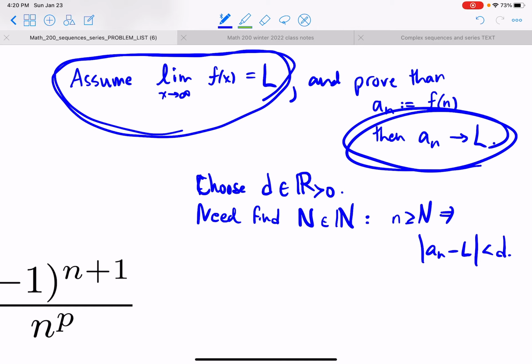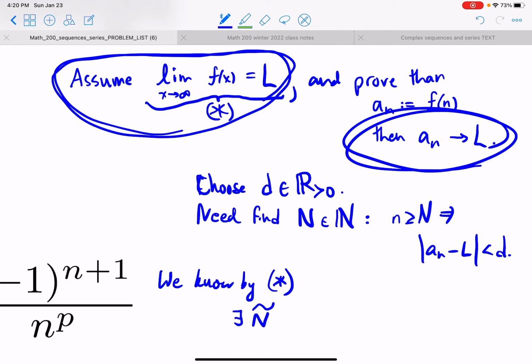Okay, well then that means that if I choose this D, we know by star, let's call this star up here, because we assumed that star is true, there exists some n tilde. I'm just making up a new name. I could call it m. How about m?